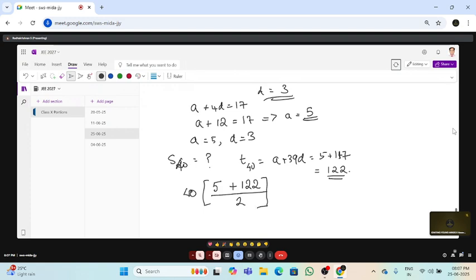Average value is 5 plus 122 whole divided by 2, into 40 terms. 20 into 127, that is 2540. 2540, sir.